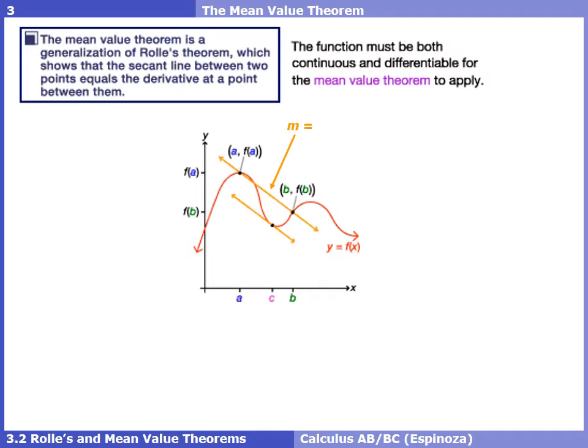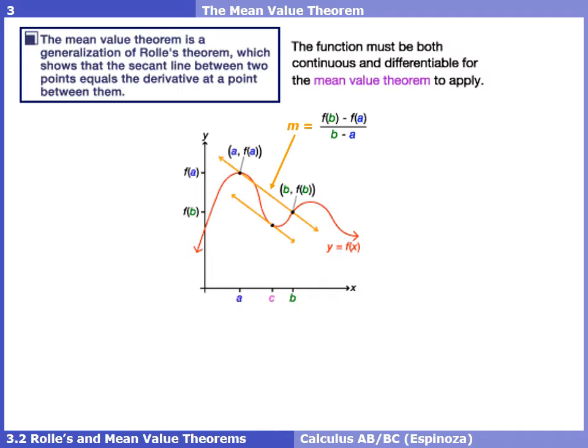How do we find the slope of a secant line? Well, in other words, how do we find the slope between 2 points? Well, we apply our y2 minus y1 over x2 minus x1, the slope formula you've known since Algebra 1. So y2 minus y1 would be f of b minus f of a, and x2 minus x1 would just be b minus a.